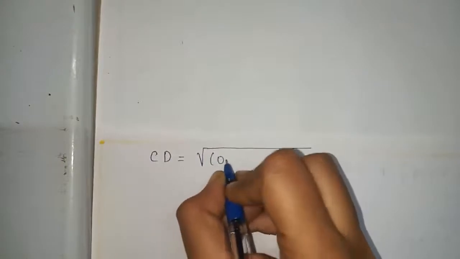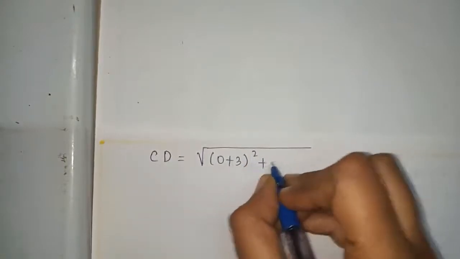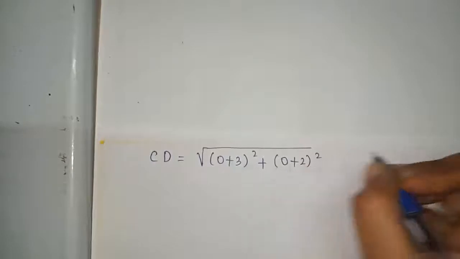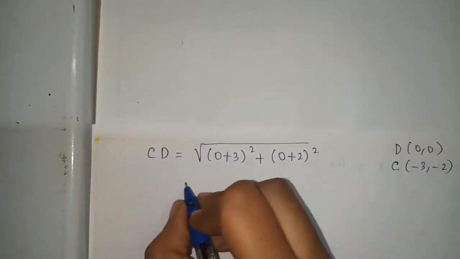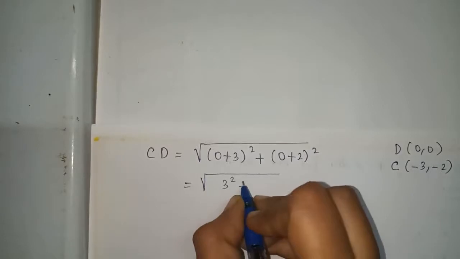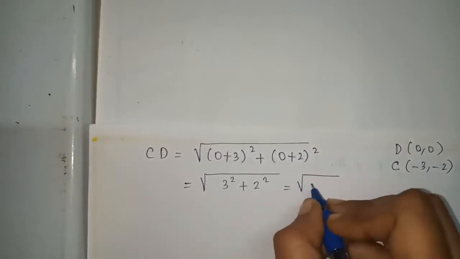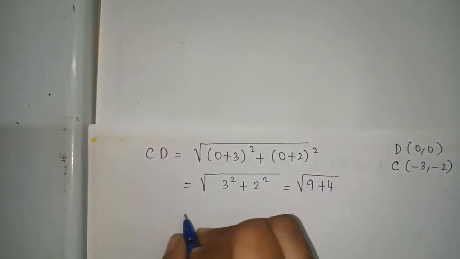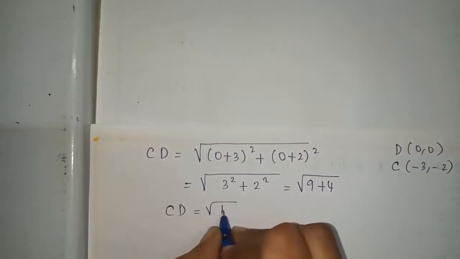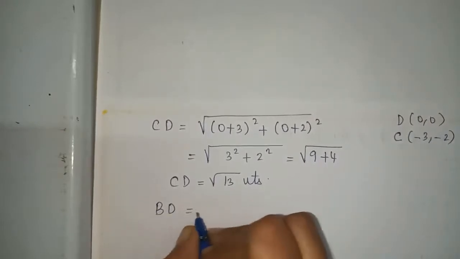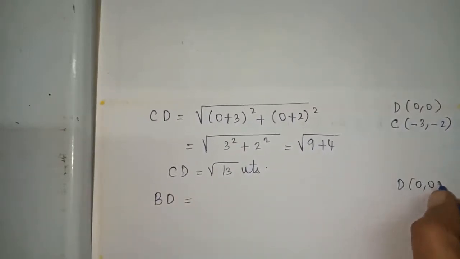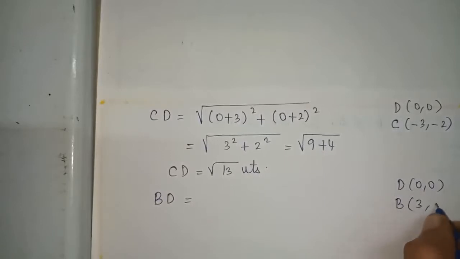Then CD is equal to the root of (0 + 3) the whole square plus (0 + 2) the whole square, because the D coordinate is (0, 0) and the C coordinate is (-3, -2). Which is equal to the root of 3 square plus 2 square, 3 square is 9, 2 square is 4. Therefore, CD is also root 13 units. Then BD. So BD is equal to, D is (0, 0) and B is (3, 2).